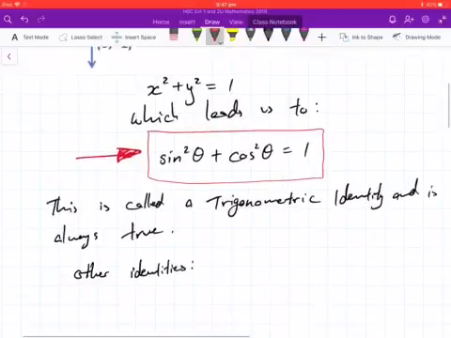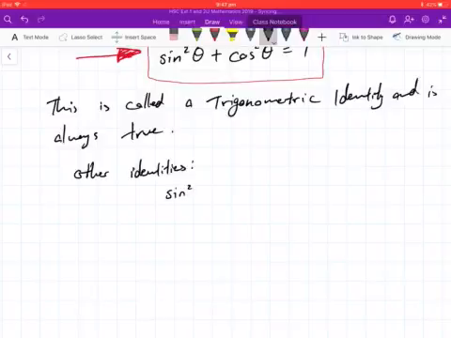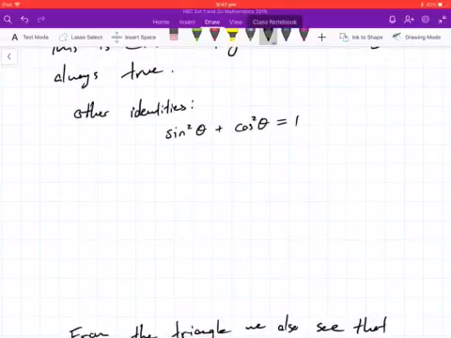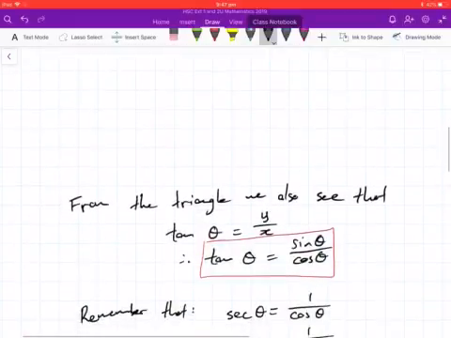It's always true. Now, if I rewrite this identity, sine squared theta plus cos squared theta is equal to 1, I'm going to be able to find a couple of things. But before I come back to this, I need to look at a couple of relationships.